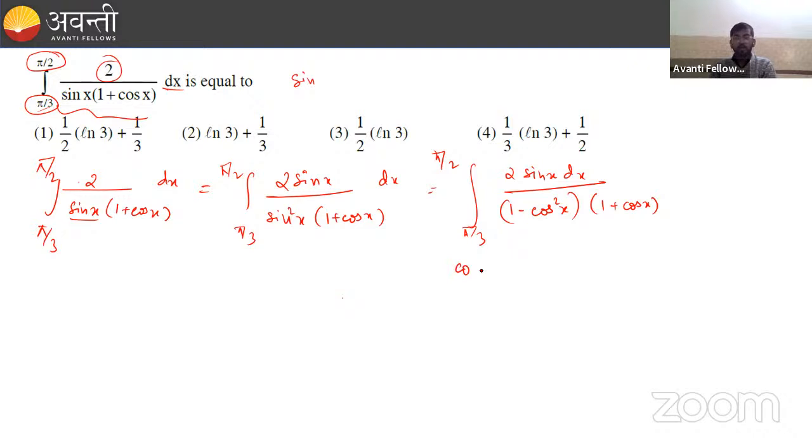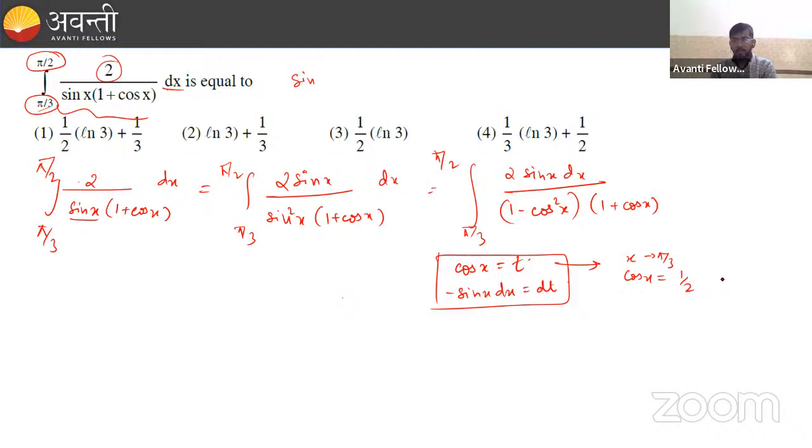Now I can put cos x as t, so I will get minus sine x dx as dt. Using this substitution, when x is pi by 3, cos x is cos 60, which will be half, which will be equal to t. And when x is pi by 2, cos x will be 0, which will be equal to t.